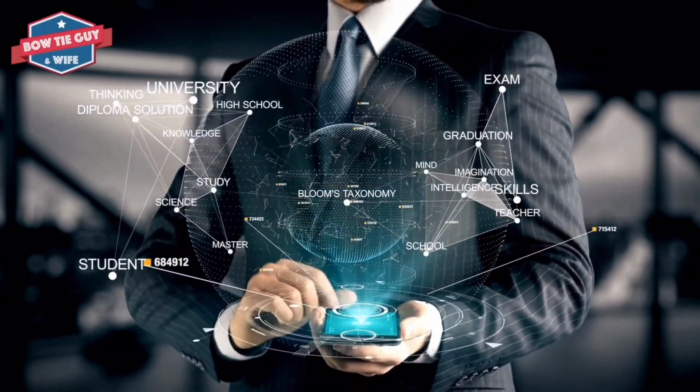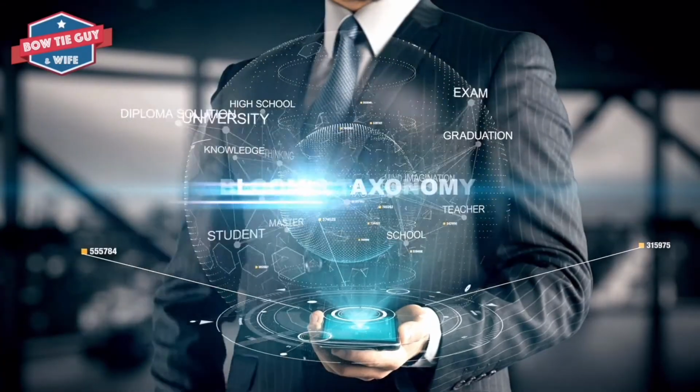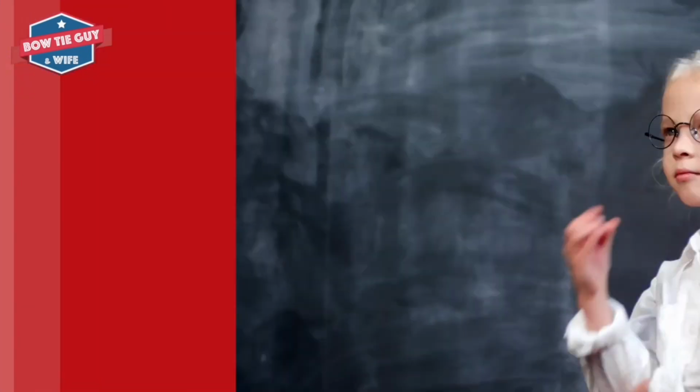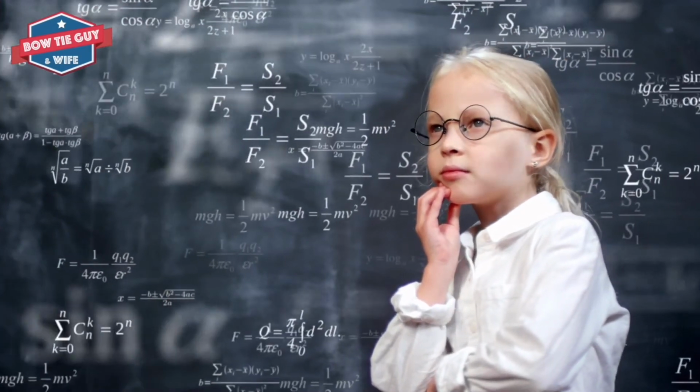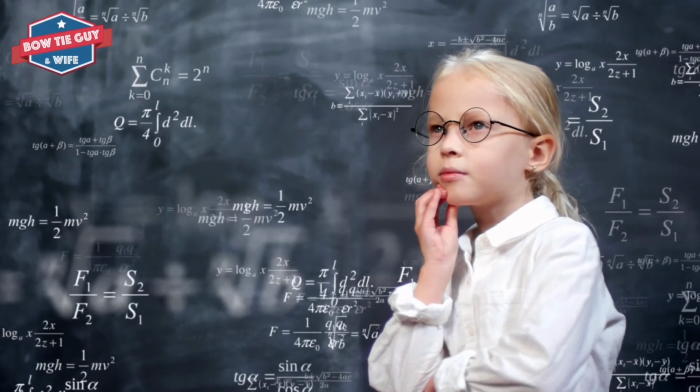And lastly, at the top of the pyramid, the highest order of thinking, create. This gives students the opportunity to produce new or original work. They can assemble, construct, conjecture. That means they have to think really far outside the box. This is the highest order of thinking, but as you move up the pyramid, or up the complexity level, the demands on students will increase.